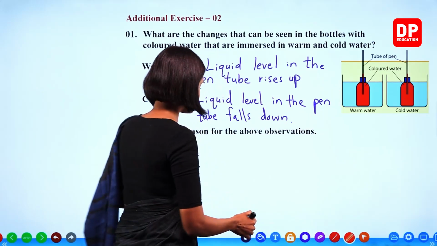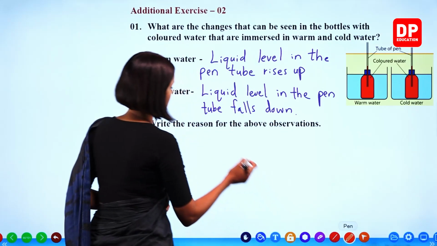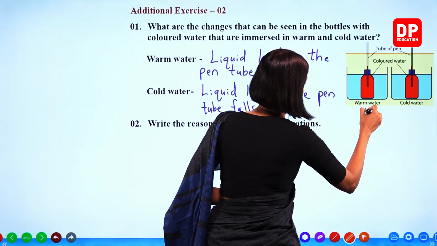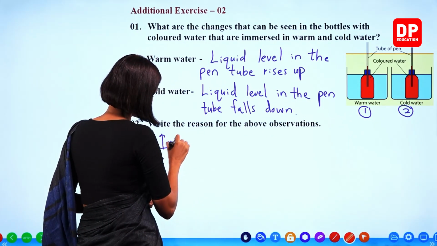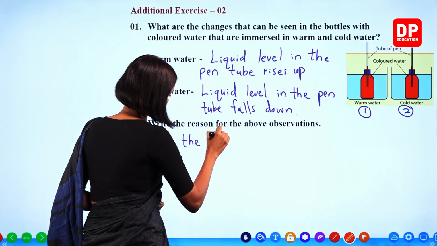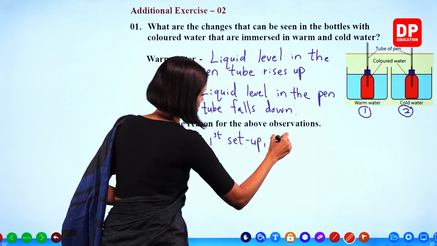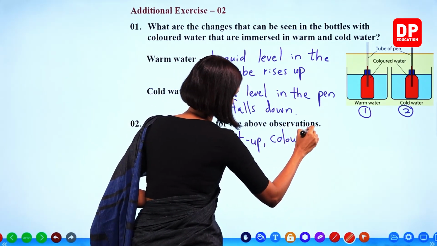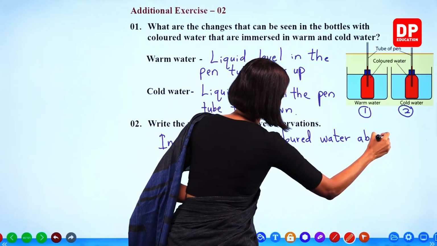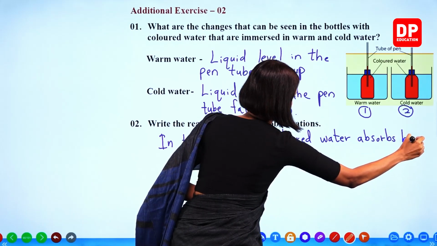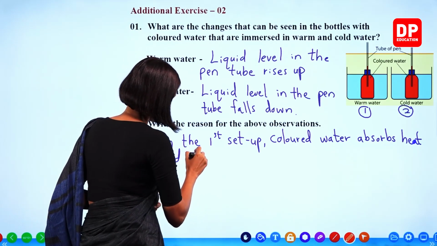Okay, we will write. We will write number 1 and 2, then it's easy to write the answer. In the first setup, colored water absorbs heat and expands.